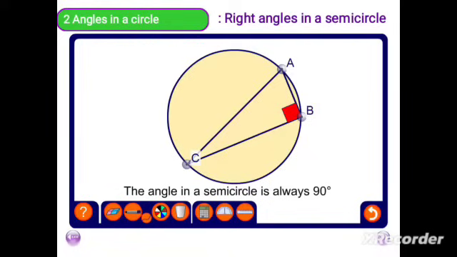So we can say that the angle formed by this diameter to the circumference of the circle in one segment is equivalent to 90 degrees. That means the angle in a semicircle is 90 degrees, and that is the concept of right angles in a semicircle.